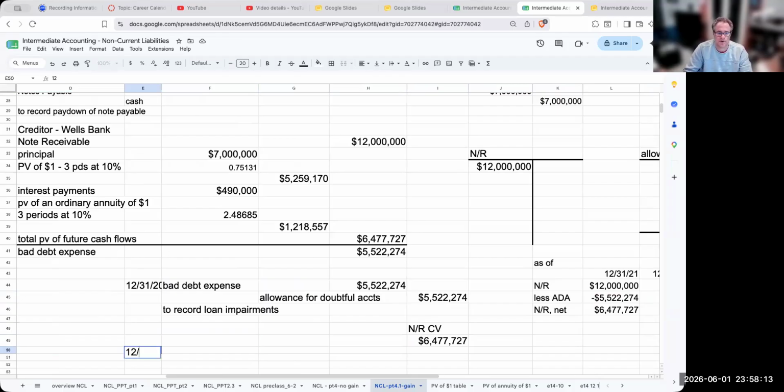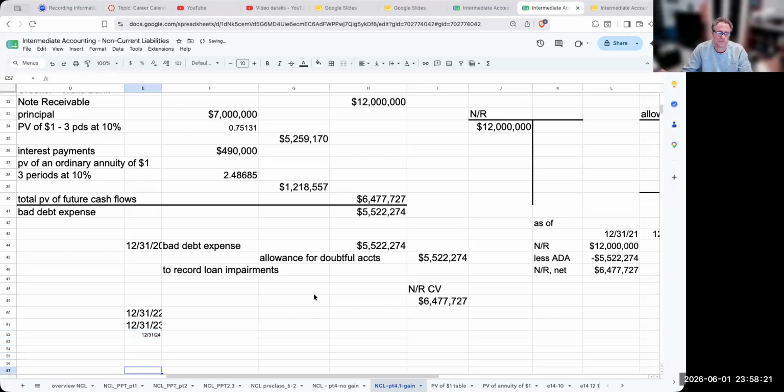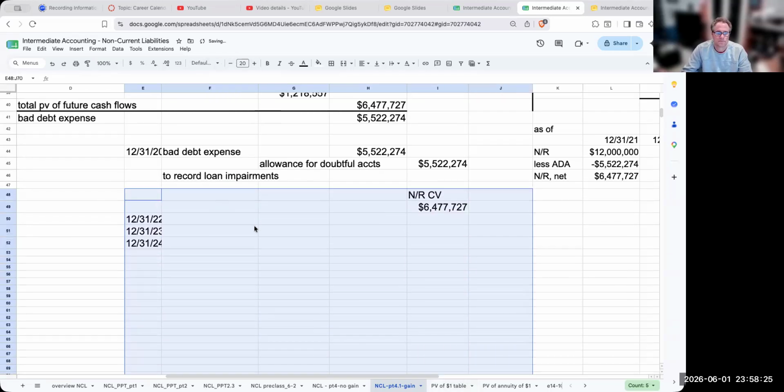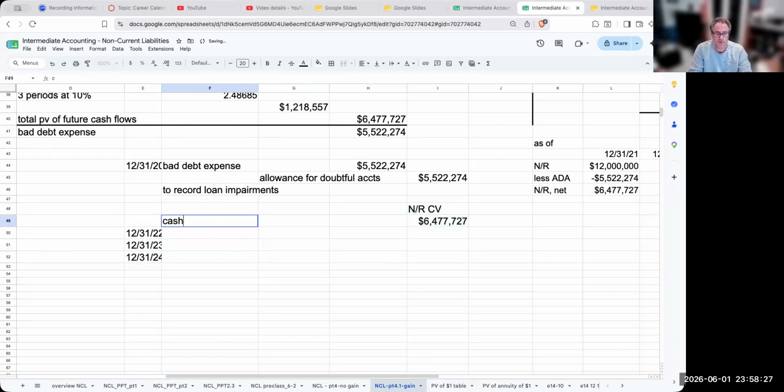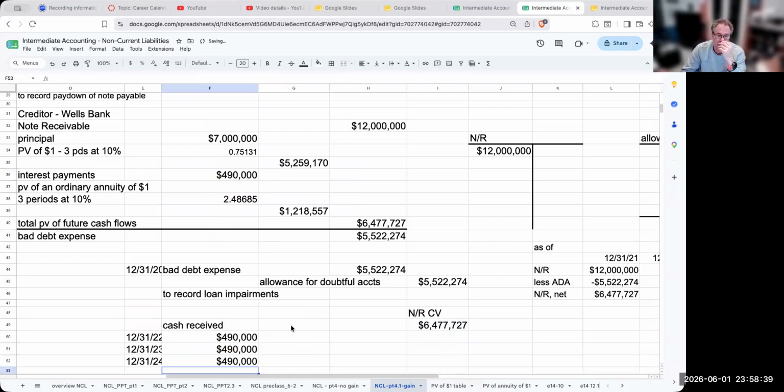Okay, so my cash received. Let's go ahead and do 12/31/22, 12/31/23, 12/31/24. My cash received is going to be 490,000 every single time.